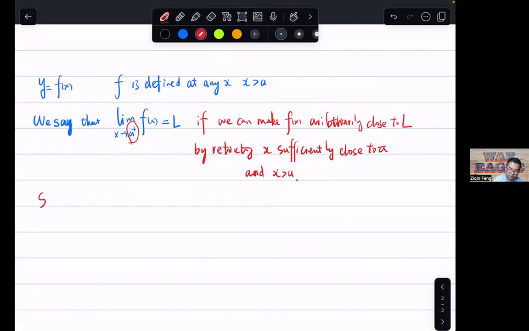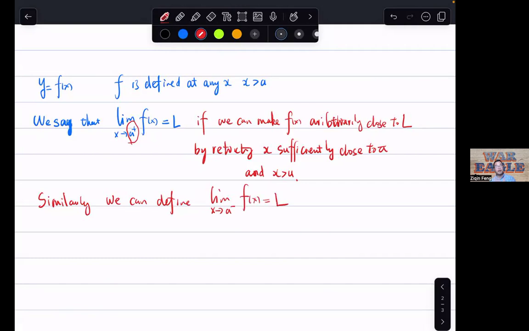So similarly, we can define as x goes to a on the left side, f of x equals L, just to make our function value arbitrarily close to L by restricting x sufficiently close to a here on the left side.